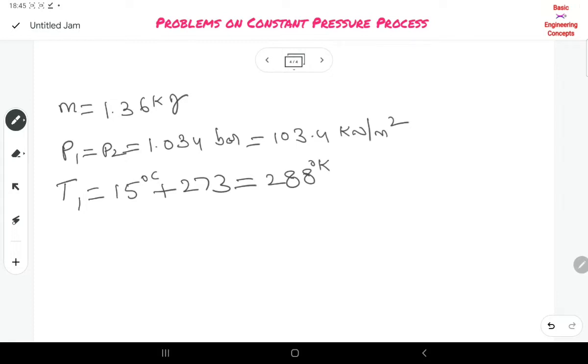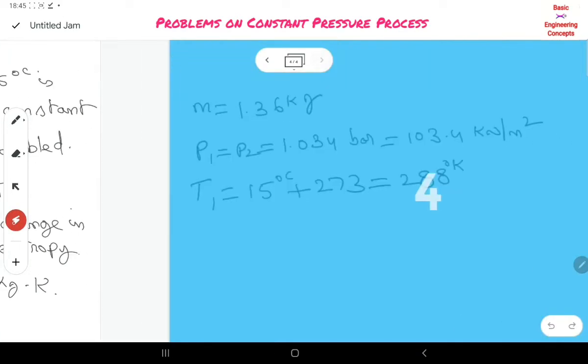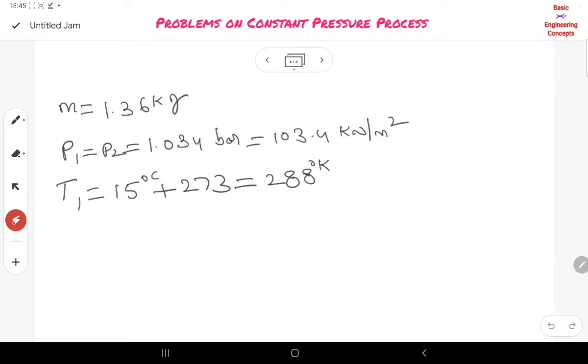At the same time, oxygen is mentioned. As you know, the basic formula is PV equal to mRT. Here pressure, mass and temperature are given.